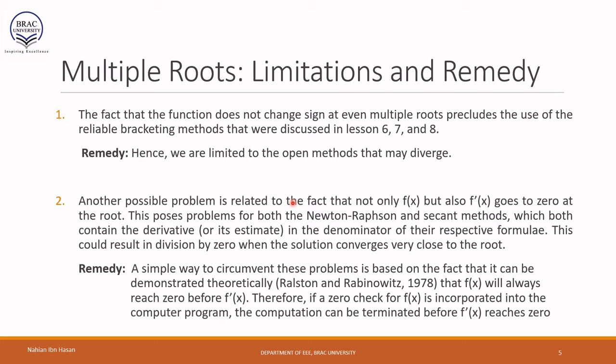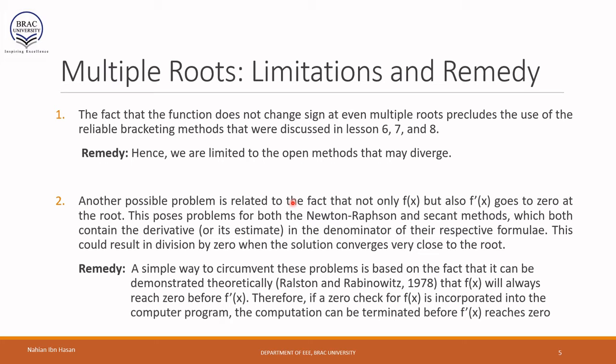That means whenever we are approaching the true location of the root using the Newton-Raphson or secant method, the slope of the function is going to approach 0. And it might happen that at a very close point to the root, the derivative of the function is exactly 0, in some cases.